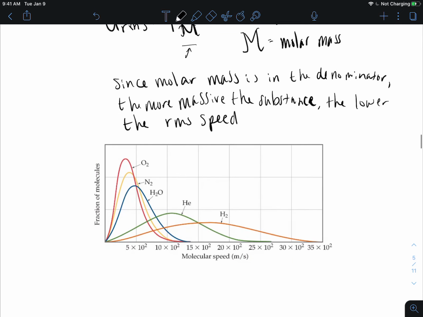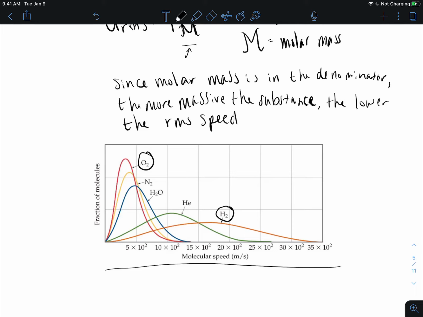We can see this when we look at our molecules and their molar mass if we have them all at the same average kinetic energy. Our molecular speed is going to decrease significantly for our higher molar mass species, and then increase for our lower molar mass species.